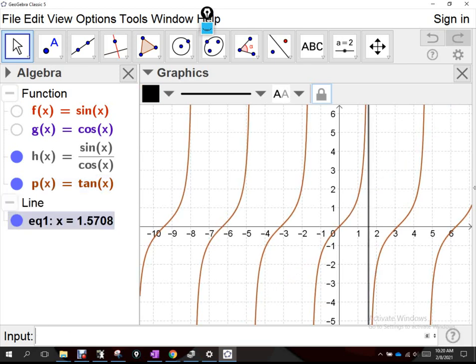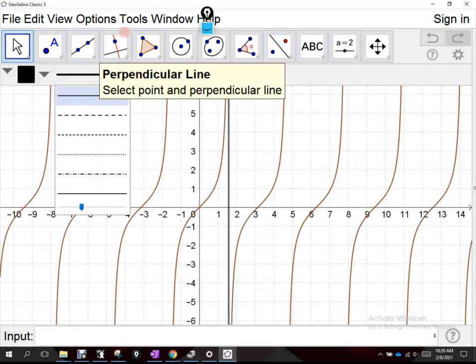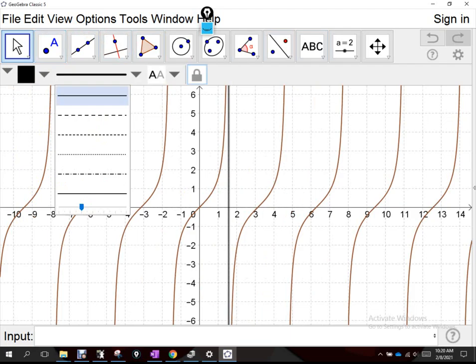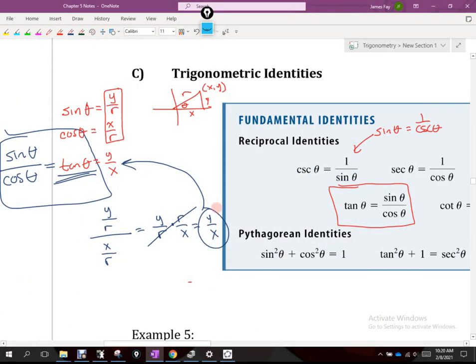There's an asymptote there. For the reason, just think about this. If you're looking at 90 degrees or pi over 2, so I'm at pi over 2 right there. That's 90 degrees, correct? The x value is 0, the y value is 1, correct?